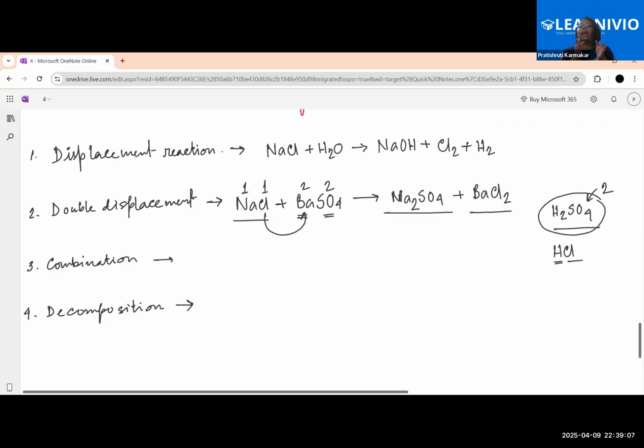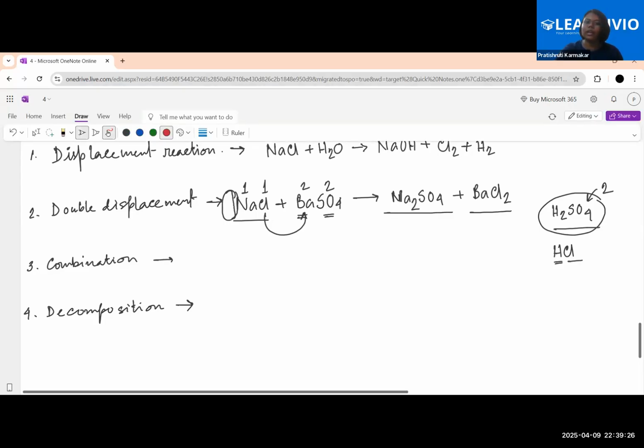Now, if this is our reaction, NaCl plus BaSO4 gives us Na2SO4 plus BaCl2. Now tell me how many sodium chloride we will be needing. The reaction is not balanced. Two sodium chloride.